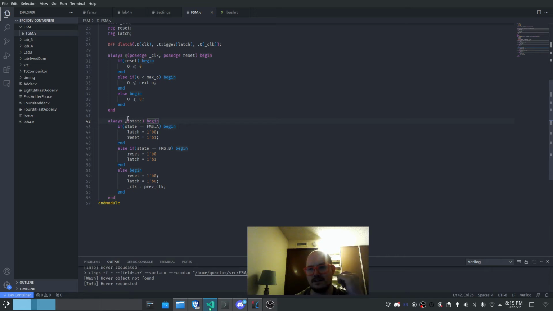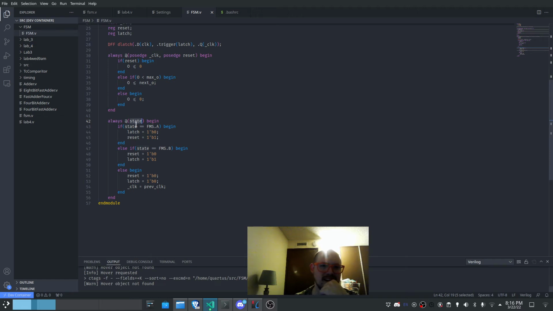I'll describe the overall framework I'm using for this in just a minute, but you'll have a combinational block that relies really only on state, potentially some other inputs if your state changes based on different inputs. That's the difference between a Mealy and a Moore state machine. You'll be covering those in more detail in a future lecture. But for now, we're going to say that we only care about the state.